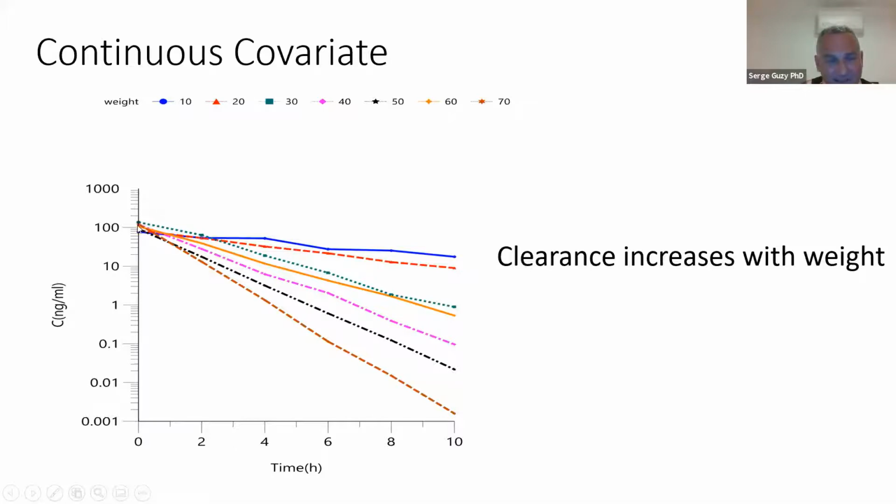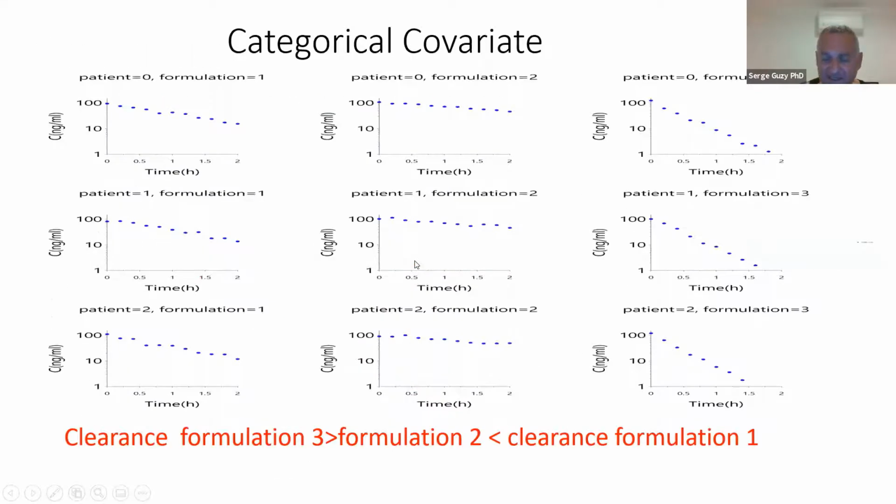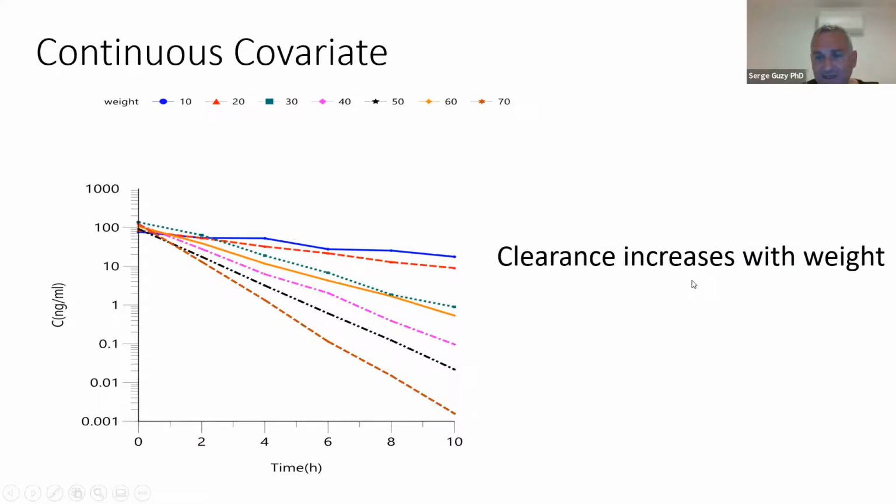And again, I assume that everybody starts roughly at the same spot. When everybody starts at the same spot, it means that the volume of distribution is the same, and then clearance and elimination rate play the same role. Here, basically what we can see is that the clearance increases with weight. This is called a fixed effect, and a fixed effect means that it's a trend.